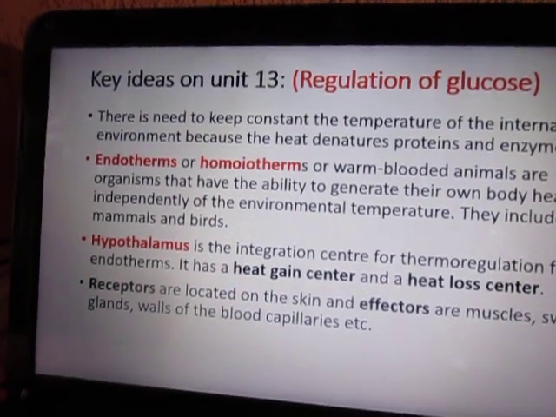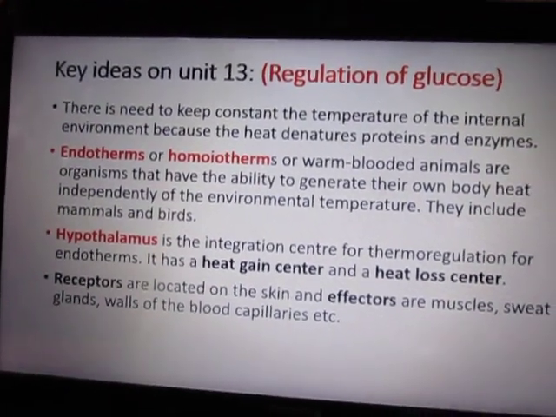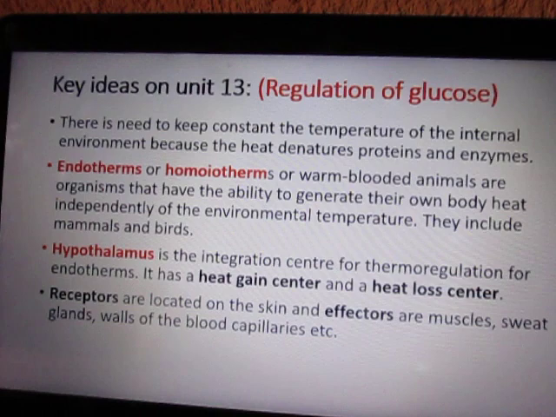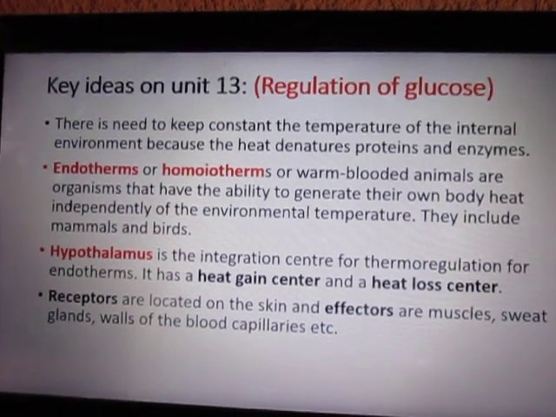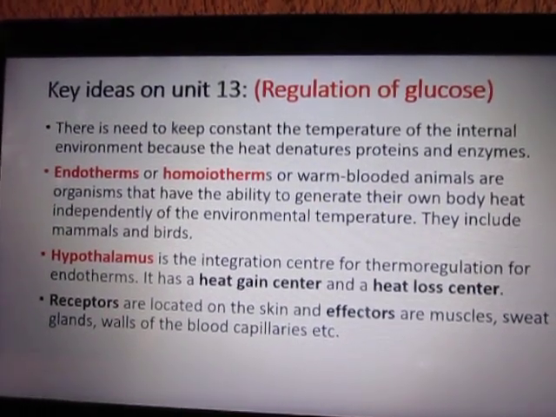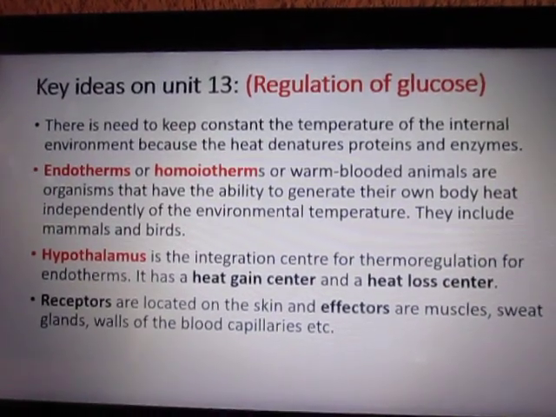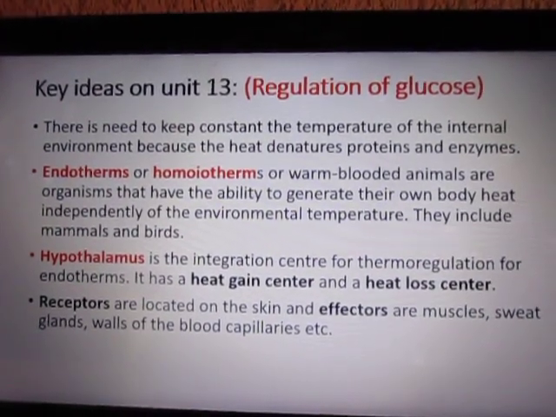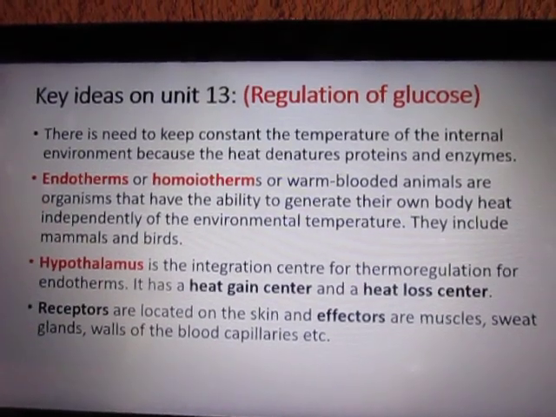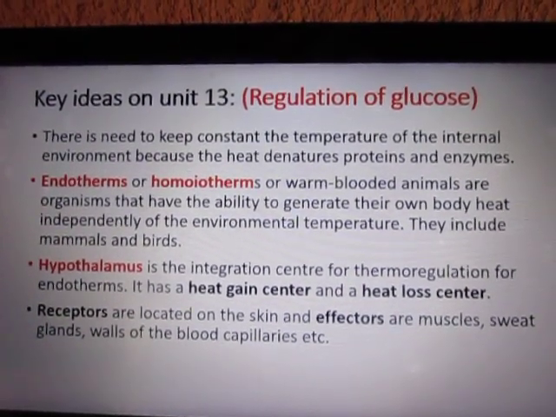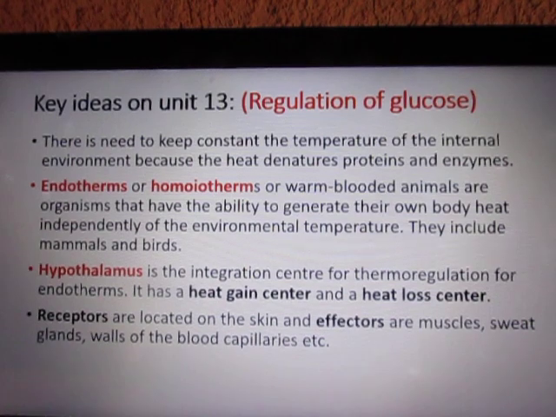And you know that most of our metabolic reactions are under the control of enzymes. So if there is no enzyme, all the reactions will stop. Some organisms are able to keep their body temperature, their internal environment, constant.